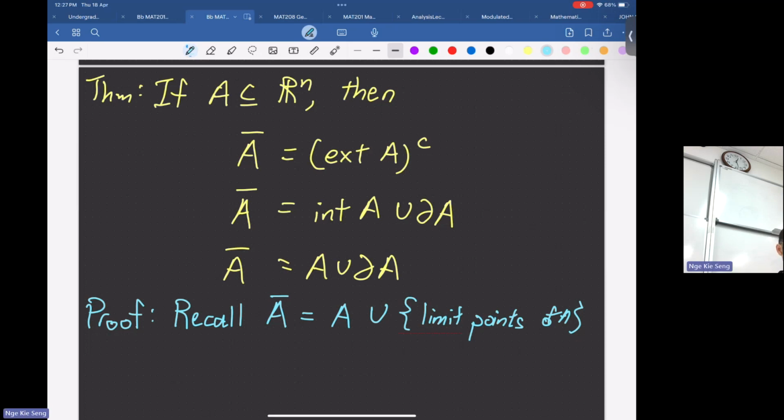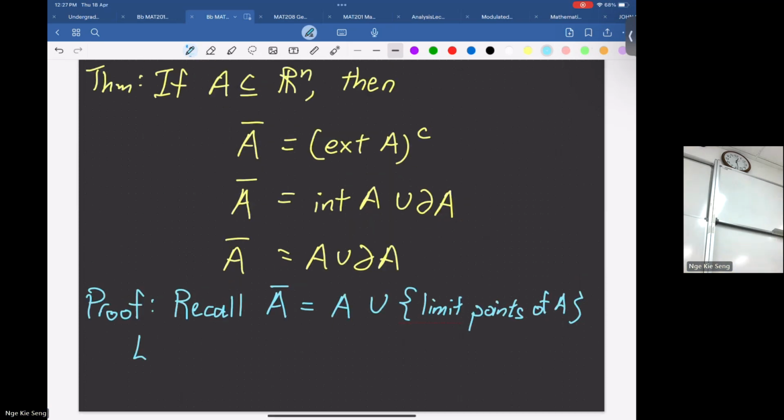If you are in A bar, you are either a point in A or a limit point of A, not in A, because just now we learned that this point might not be in A. So we want to show that this is in the complement of the exterior of A. What does this mean? What does it mean to be X in the complement of the exterior of A?